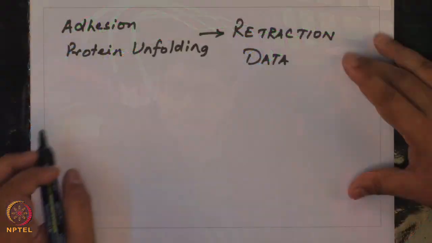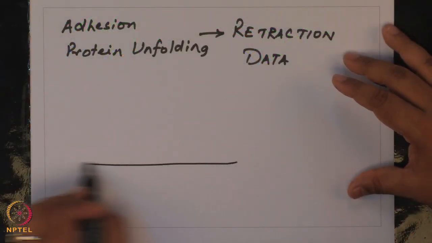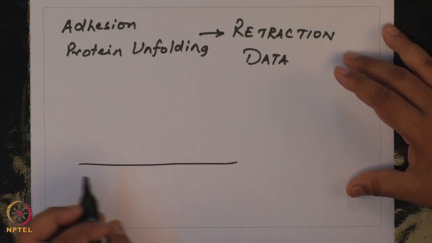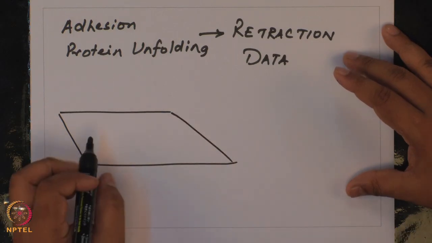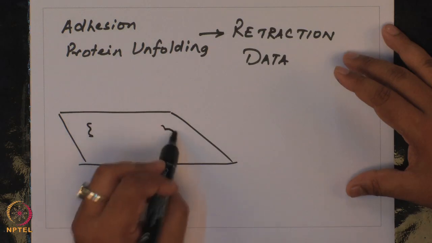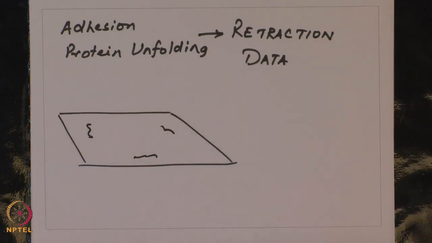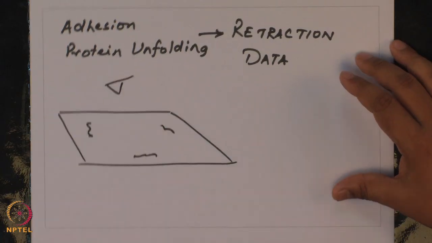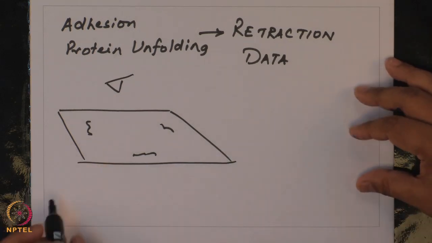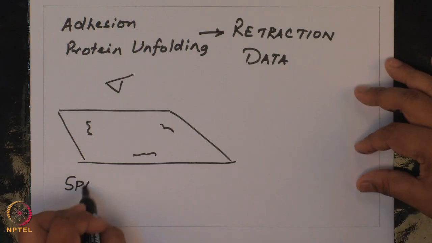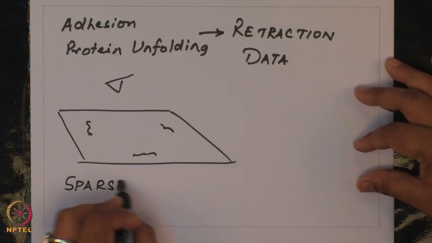In our case of protein unfolding, let us say I have a surface, and I have the protein which is anchored at some point. And you have this tip here. For protein unfolding studies, you want to operate at sparse concentrations.